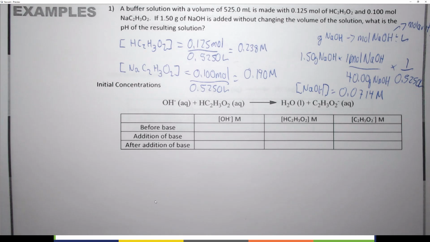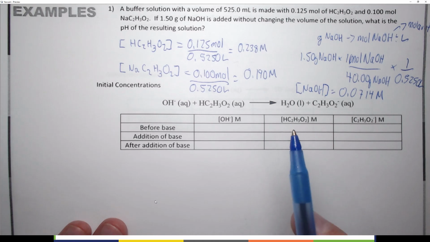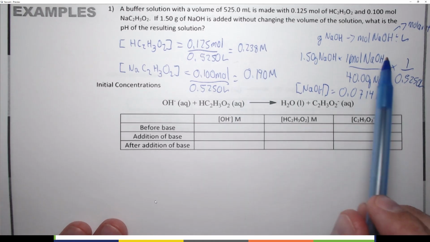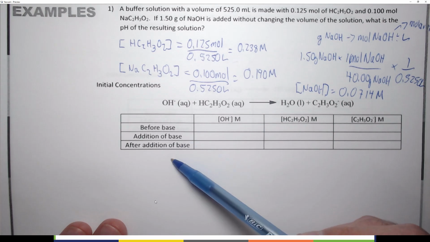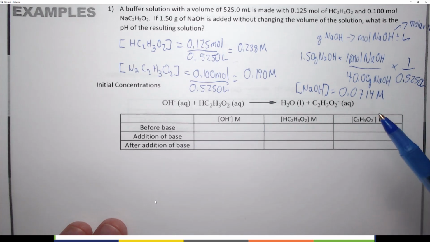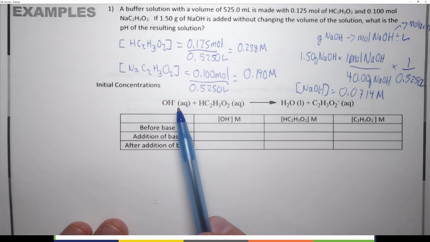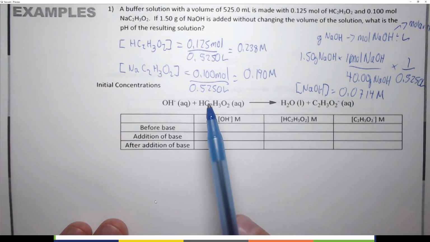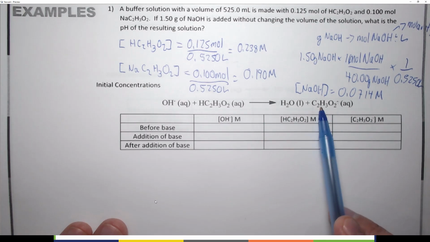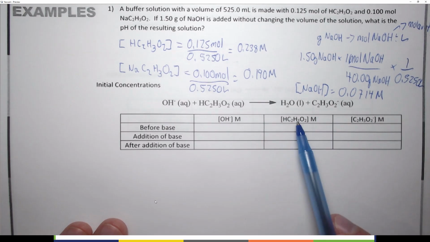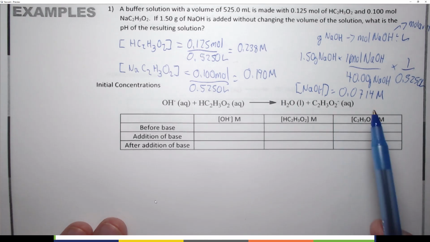So before I could do anything, I had to find the concentrations of all these things, which is kind of an annoyance, but it's something we have to do. Before we add this, we need to figure out what looks like an equilibrium table. It's not exactly the same because it's more like a reaction table, but it's the same idea. I've put my concentration of OH minus, acetic acid, and sodium acetate here, because these are the things I'm going to need to plug into the Henderson-Hasselbalch equation.